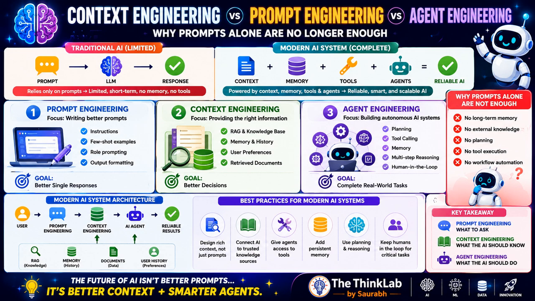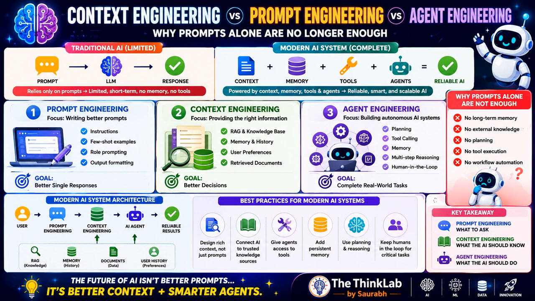So the key takeaway from this video is the simplest way to remember everything we have discussed. Prompt engineering answers the question: what should I ask? Context engineering answers: what should the AI know? And agent engineering answers: what should the AI do? Modern AI systems combine all three.